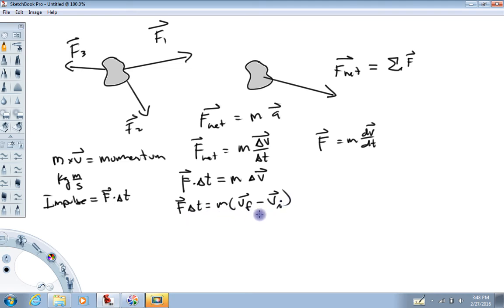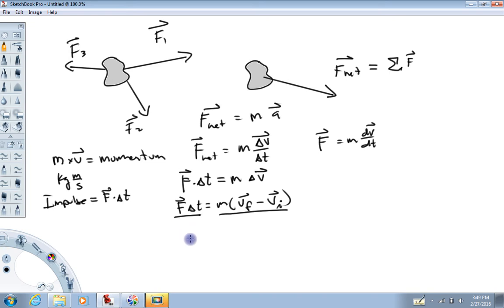If we look at this equation, what it basically says is the impulse acting on a system is equal to mv final minus mv initial, which represents the change in momentum of a system. And impulse is the quantity that changes your momentum. It's a little bit like work energy principles. Work is force times distance, and work changes your kinetic energy. So they're somewhat similar.